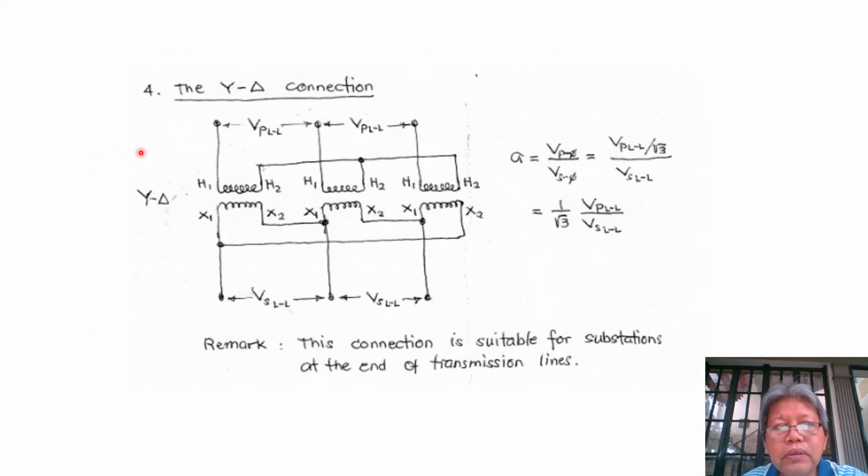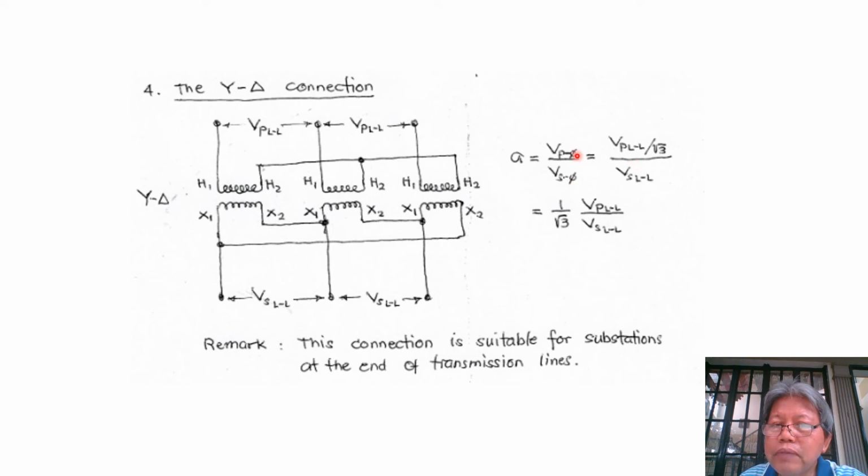Now the fourth three-phase connection is the Y delta connection. We connect the primary windings in Y as we have discussed before, and the secondary windings will also be connected in delta, as we have seen before. And then the transformation ratio would just be basically from primary phase voltage over secondary phase voltage.